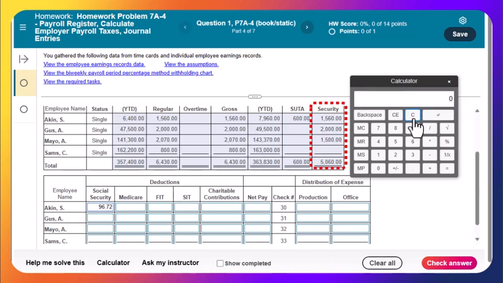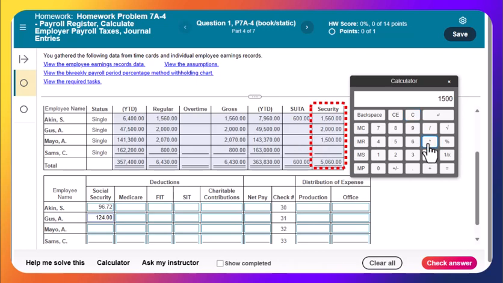Clear it out, and then next we have Gus for $2,000, and we can multiply that by the 6.2% for $124. And then moving on, for Mayo, we have $1,500 out of his gross pay is taxable for Social Security.